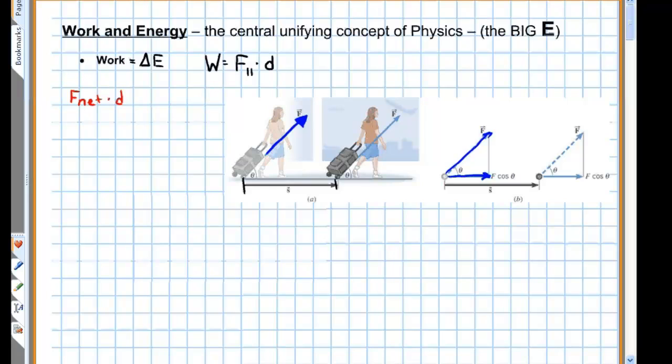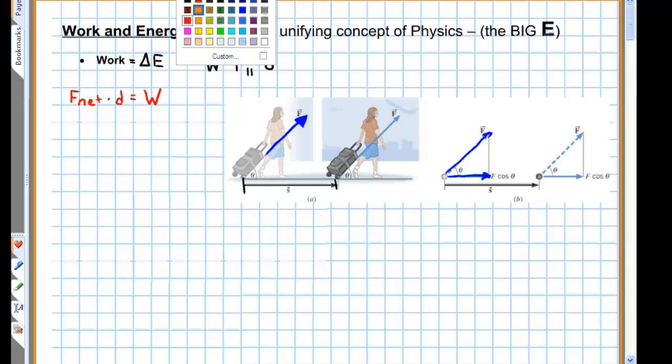But if it's frictionless and a net force is being applied over a distance, then this work makes something very specific happen. And we can actually break this formula down to find out what specific thing happens. Well, let's take a look.